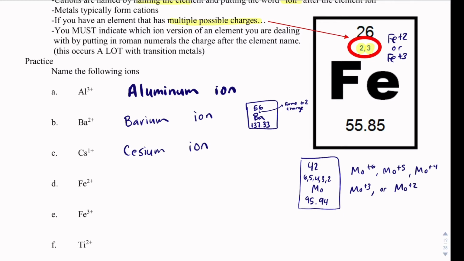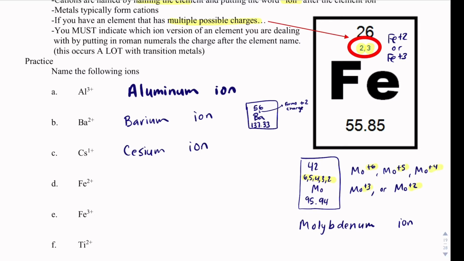That's really kind of a lot. So if we said, for example, molybdenum, which is a kind of weird word, we can't just say the molybdenum ion, because whoever looks at their periodic table is going to ask, which one did you mean? Did you mean 6? 5? 4? 3? Or 2?